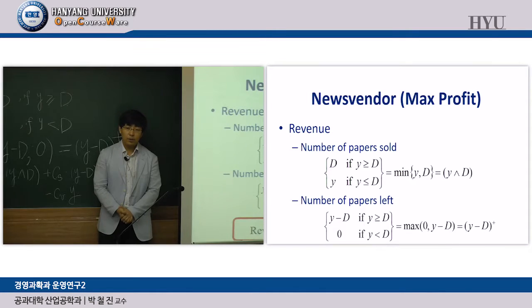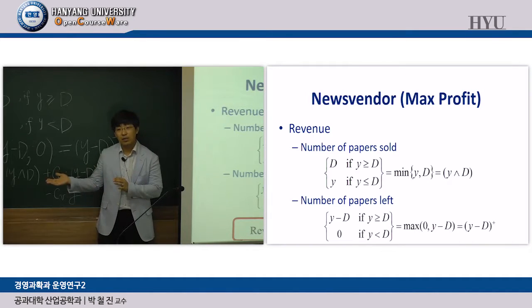Okay. We can determine the number instead of Y in this problem. Let's say every day we want to buy 30 newspapers, then Y can be 30, right? Every day we want to buy 5 newspapers, then Y can be 5. Okay? And D is given.